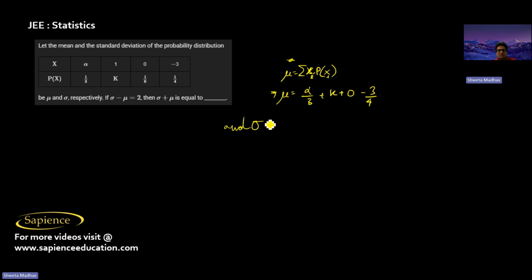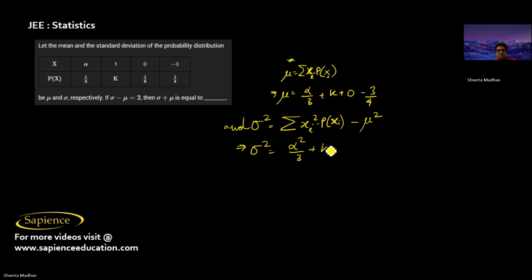Sigma is the standard deviation, so sigma square will be equal to summation xi square into p of xi minus mu square. So sigma square is equal to alpha square by 3 plus k plus 9 by 4 minus mu square.